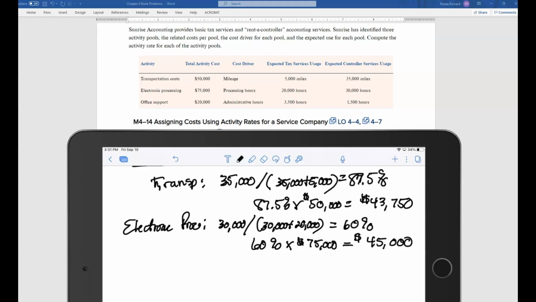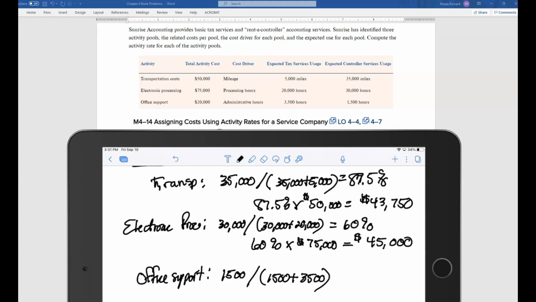Now let's do the same thing for office support. Controller services uses 1,500 hours divided by 1,500 plus 3,500.